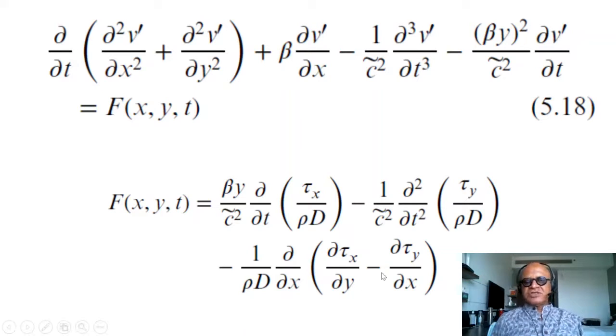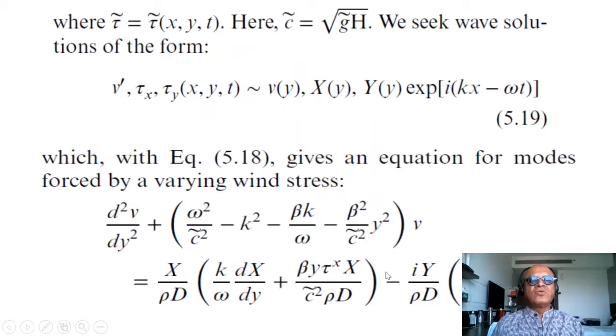So that's this term. This is obviously a function of x, y, t. This is the gravity wave speed, and we are seeking wave solutions in terms of v prime, tau x, and tau y. Tau here has zonal and meridional wind stresses.